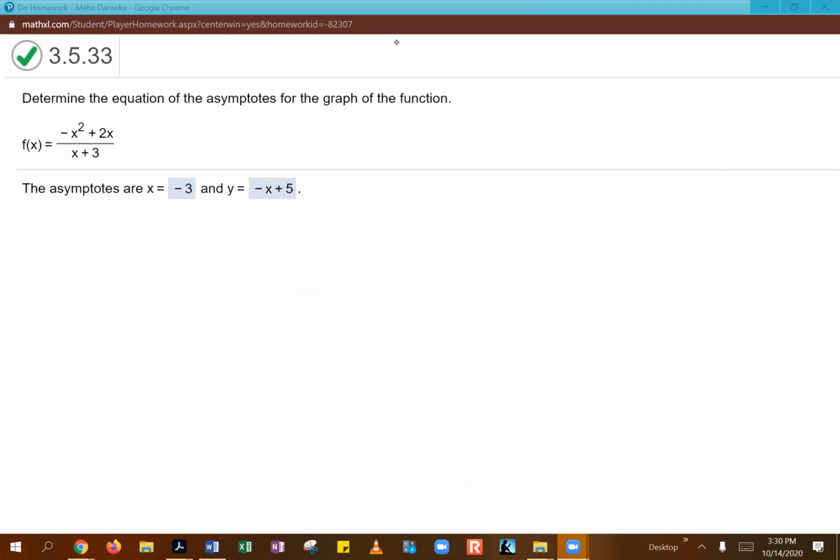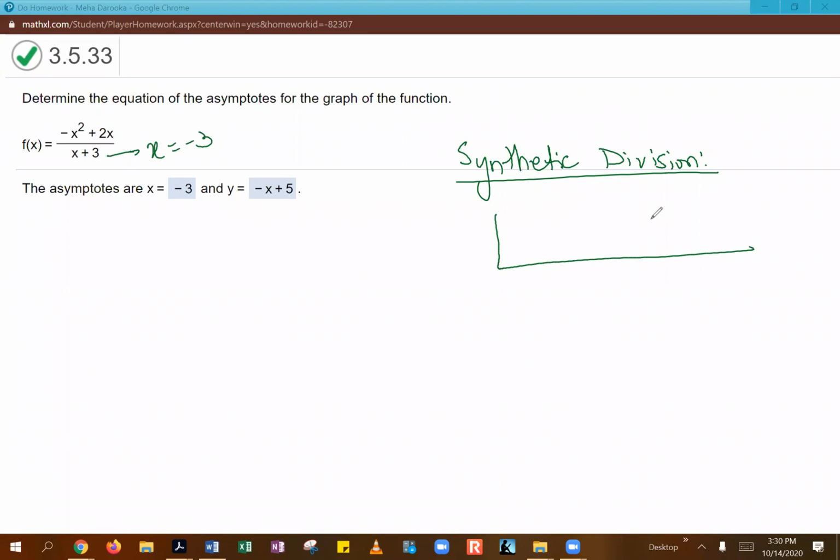So long division is definitely one of the things you can use. With this particular type of example, you do have the option of using synthetic division, but that will not be possible for all of these examples. I'll show you which ones synthetic division is not recommended for. You take your denominator and set it equal to 0, which gives us x equals negative 3. So we are dividing by negative 3.